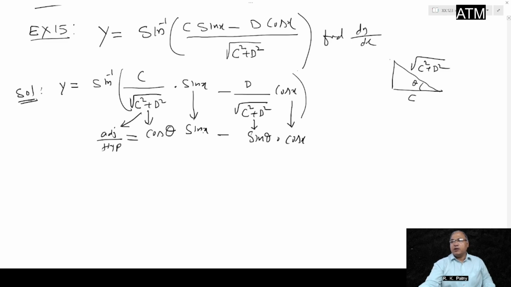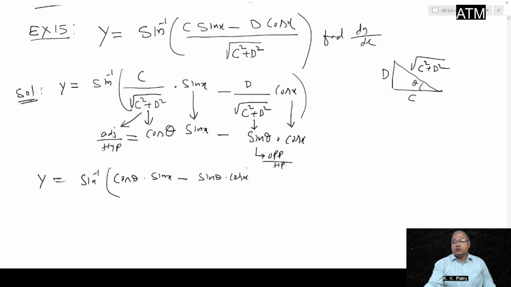Sin theta is opposite upon hypotenuse, which means d is the opposite side. Therefore, y equals sine inverse of cos theta into sin x minus sin theta into cos x.